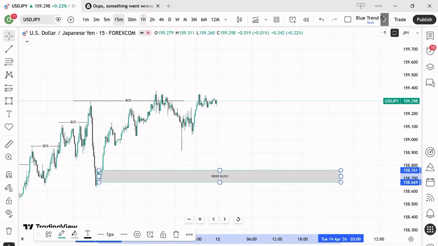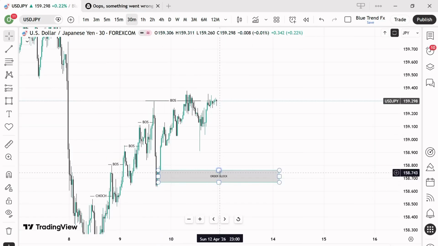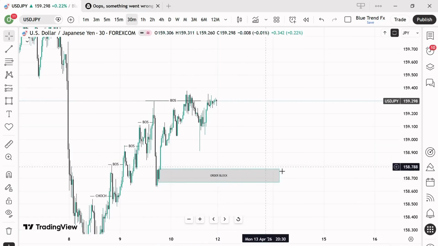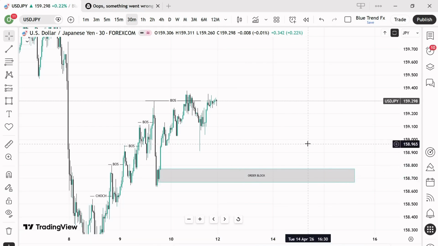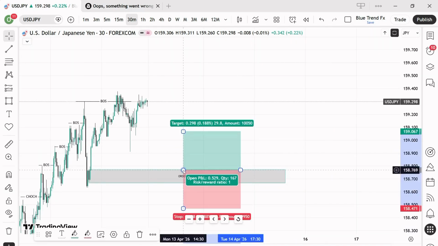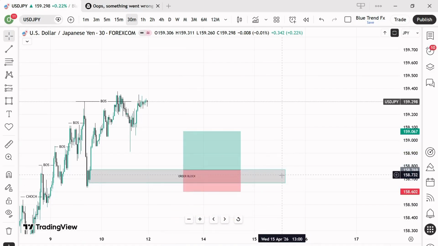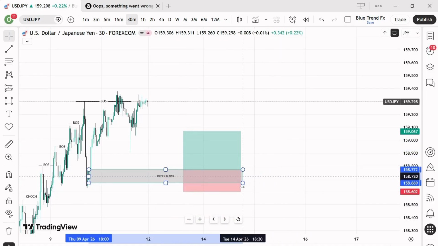This level is where I'll be looking forward to buy USDJPY again and add to the position I already have in the market.